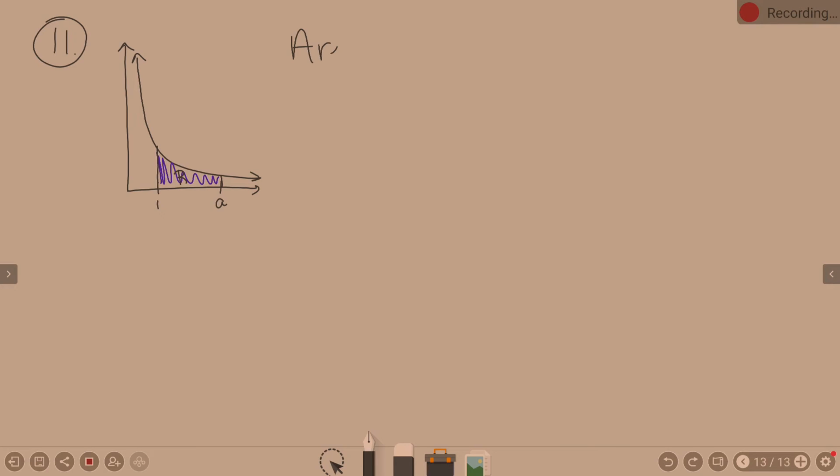So my area is equal to 27. What does your calc brain have to tell you about area? Area is integral. Didn't they just set us up for area here? So we're going to do the integral from 1 to a of what was my function? 3 over x dx.